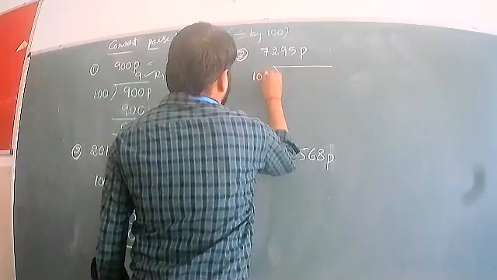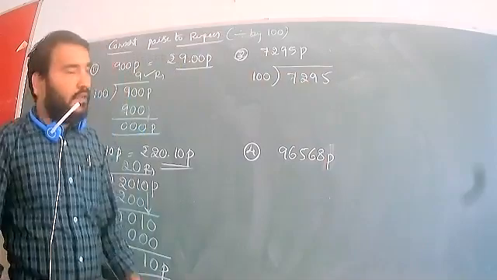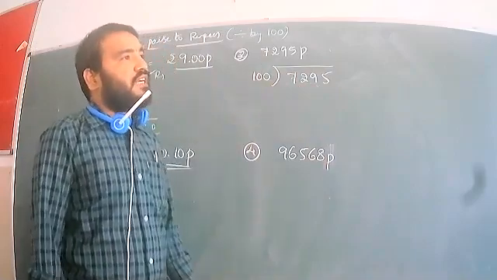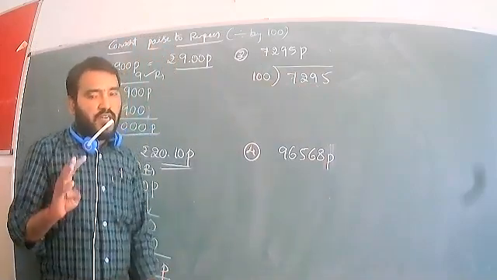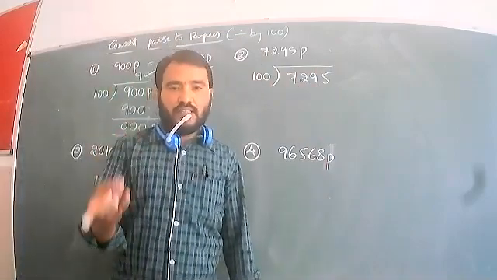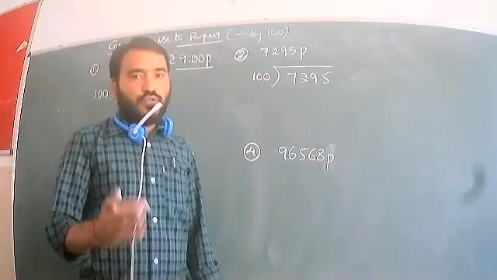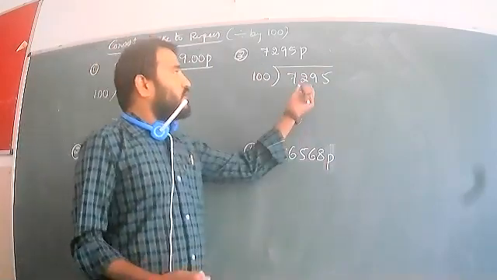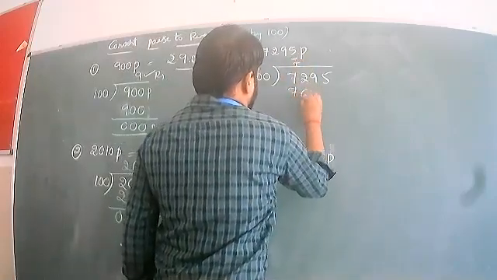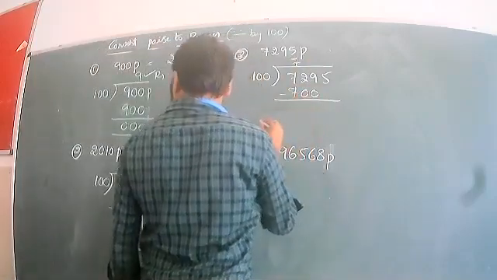Third one: divide 7295 by 100. 7295 is the dividend. Take 729. In the 100 table, 100 times 7 is 700, and 100 times 8 is 800, which is bigger, so we take the smallest, 700.